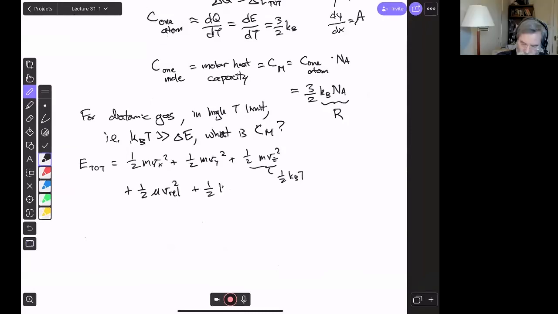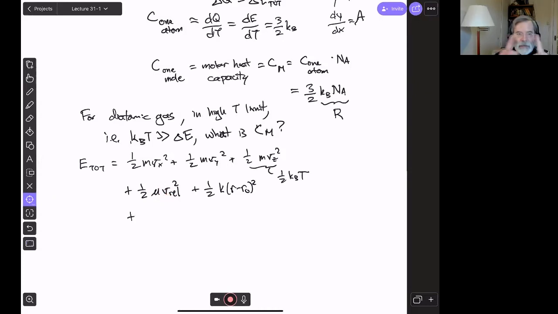Okay, give me a second to catch up here. So I'm just writing again the total energy for a diatomic molecule. We've got the translational terms, which, as Scott said, each of those is proportional to a velocity squared, so each of them gets a 1/2 kBT. For the vibrations, this relative velocity is independent of the velocity of the center of mass. So that gives us another 1/2 kBT for that term.